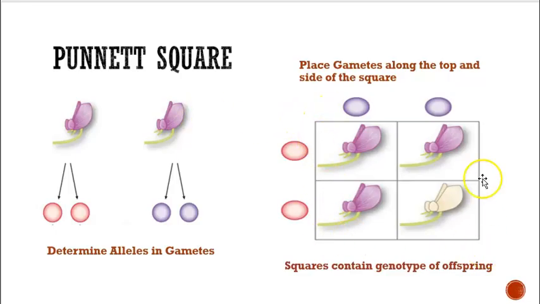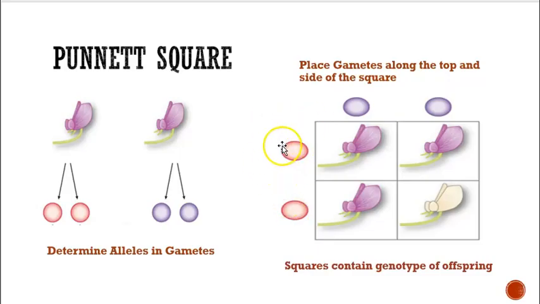So this is what we call a Punnett square. So we would place the allele from one parent across the top, and they could be given an individual the same allele if they are homozygous, or each gamete could receive a different allele if they are heterozygous. So we place the alleles from one parent across the top and the alleles from the other parent down the side.